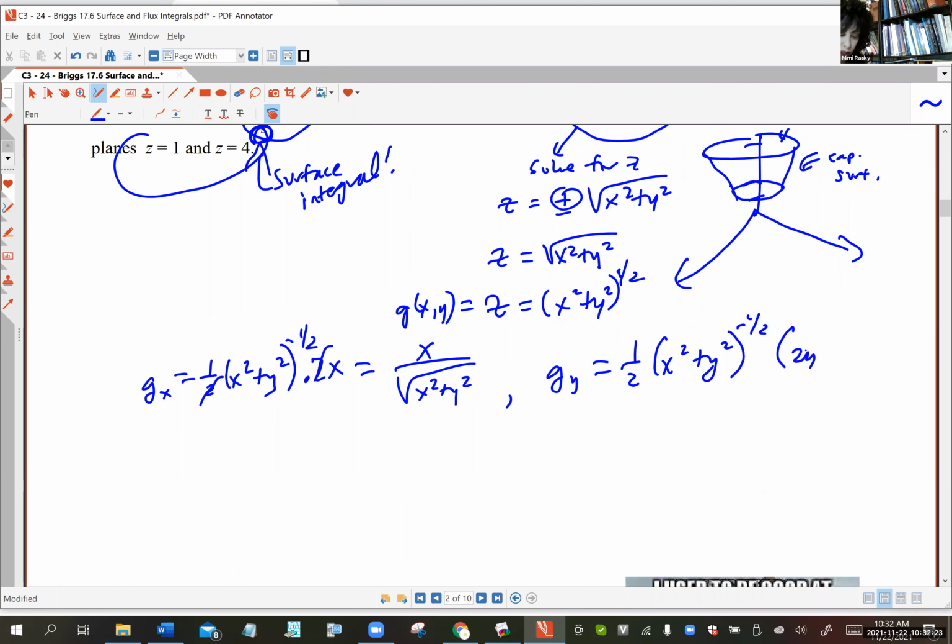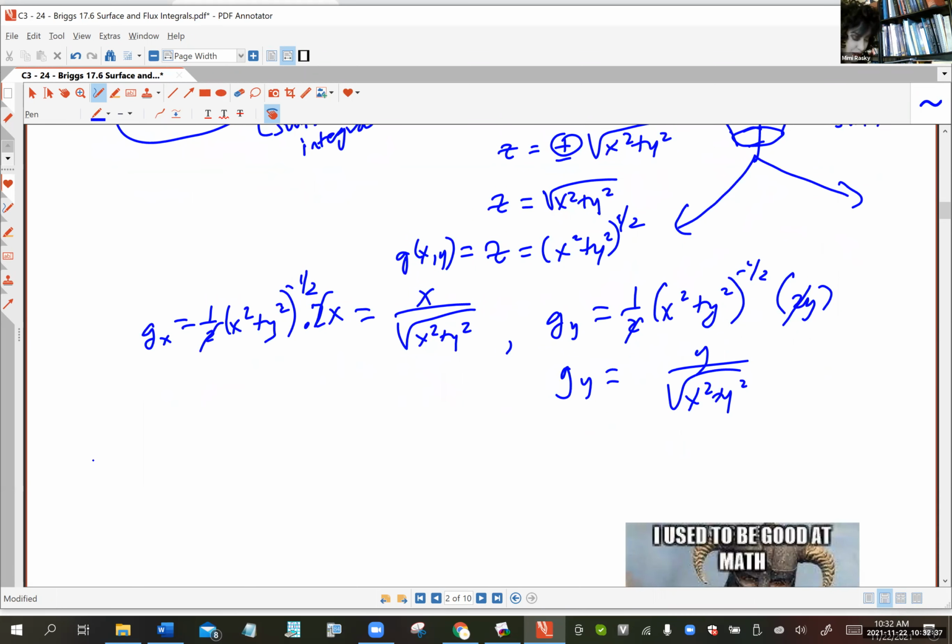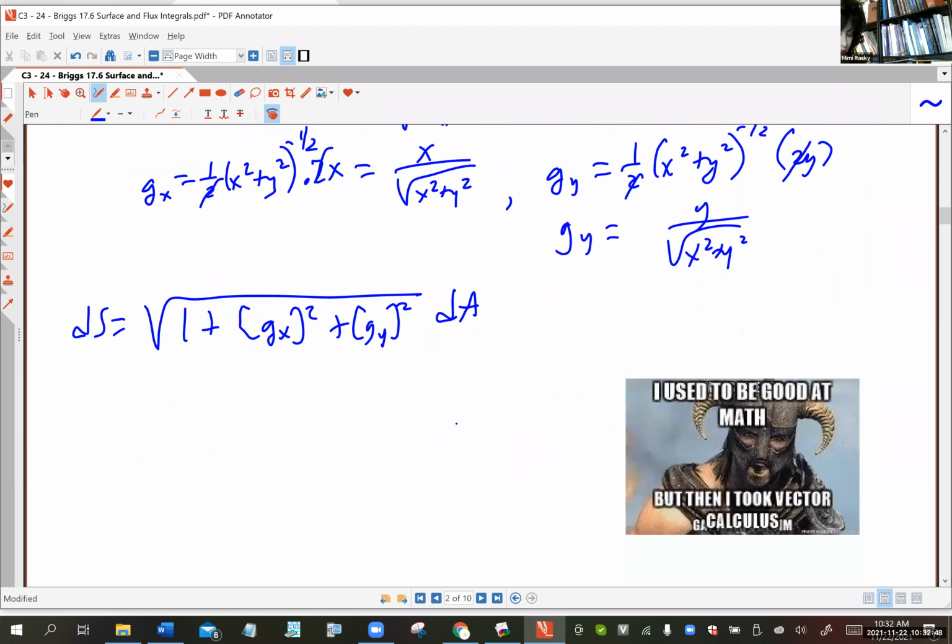So this time you're differentiating with respect to y. After I cancel the 2's and rewrite this with positive exponents, I can put my square root back in. Great. Now what? Well, you got to do your dS here. So you're going to have this whole radical, and it's going to be kind of a mess. But good news, the algebra will save us.